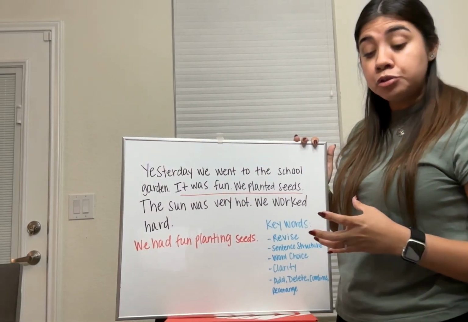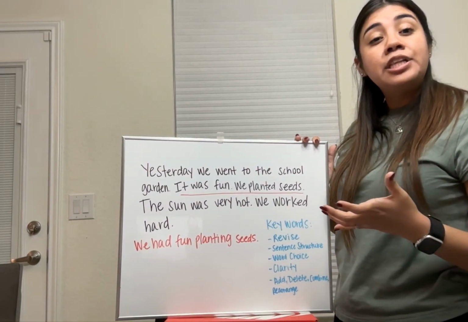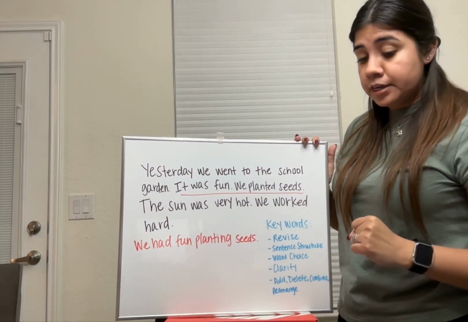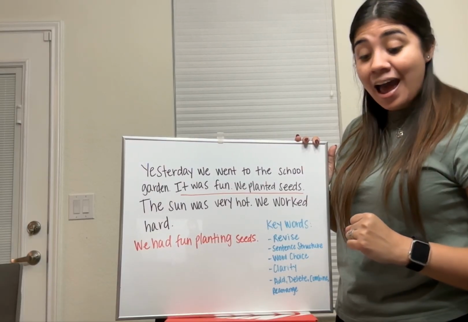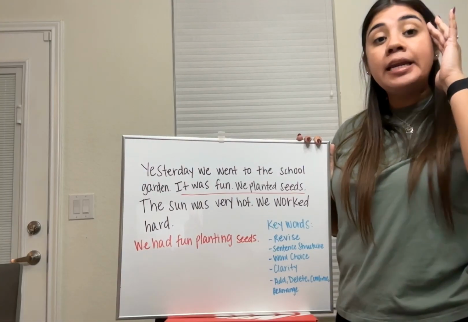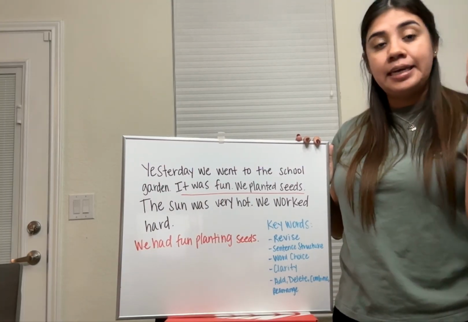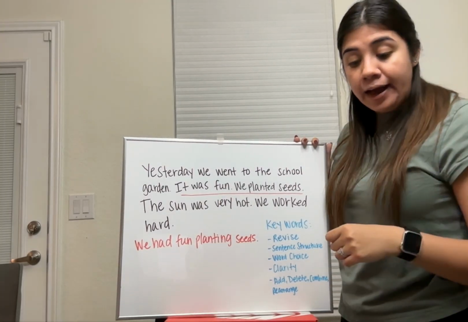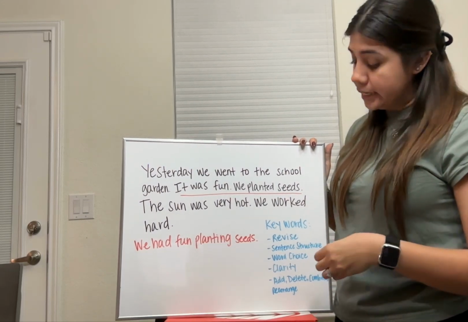What can we do to make the sentence a little clearer? What can I do? So what I'm going to say is we can add better detail so that when I'm reading it, I get a clearer picture in my head and I can see exactly what is happening, right? So let's make it a stronger sentence.